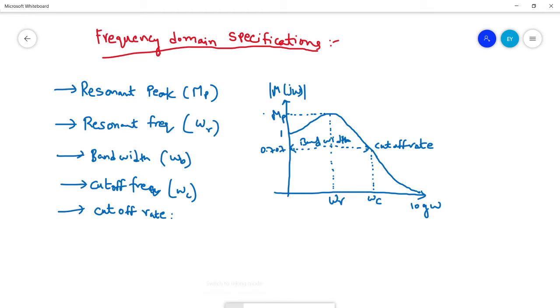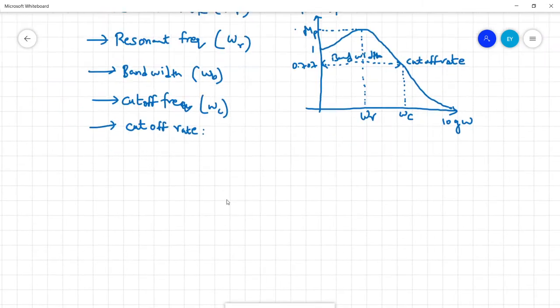So let us start deriving the frequency domain specifications, right?